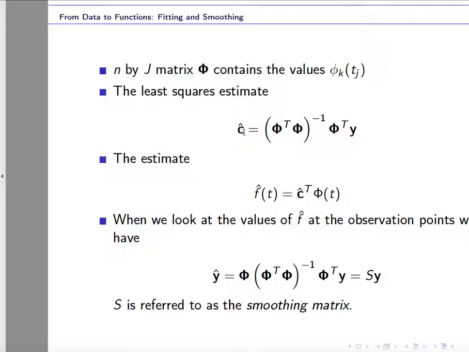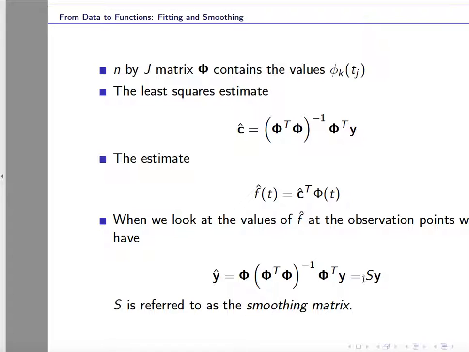Putting in the formula for c hat, we get y hat equal to phi times phi transpose phi inverse phi transpose y. Everything in front of y we call a big matrix S, the smoothing matrix. So S is equal to phi times phi transpose phi inverse phi transpose.